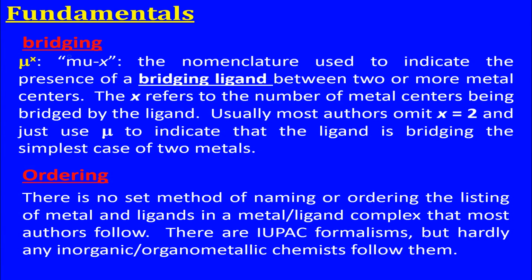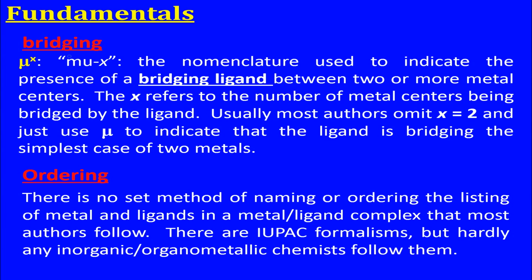Suppose you have a μ2, that means the ligand is bound to 2 metal centers. μ3, 3 metal centers. μ4, the ligand is bound to 4 metal centers. Usually most authors omit X equal to 2 when we say, for example, bridging, so at least we have 2 metal centers. For this reason, some authors omit the 2 and just use μ to indicate that the ligand is bridging the simplest case of 2 metals.